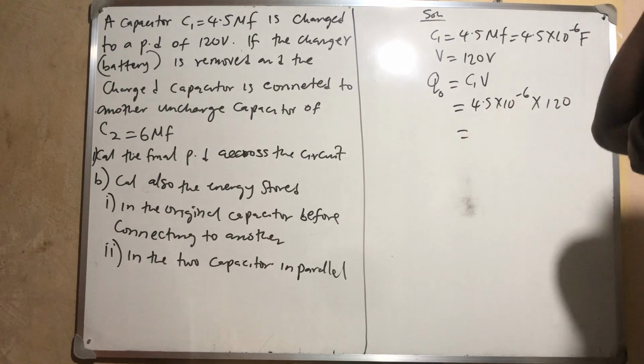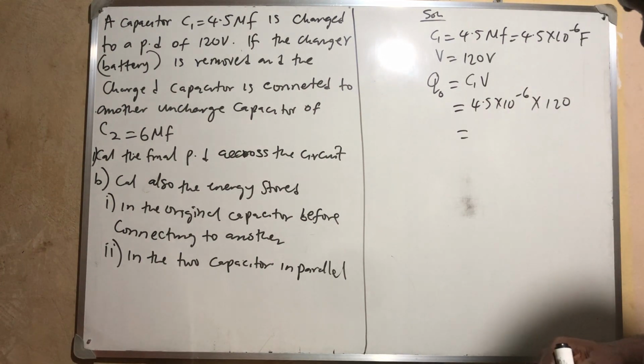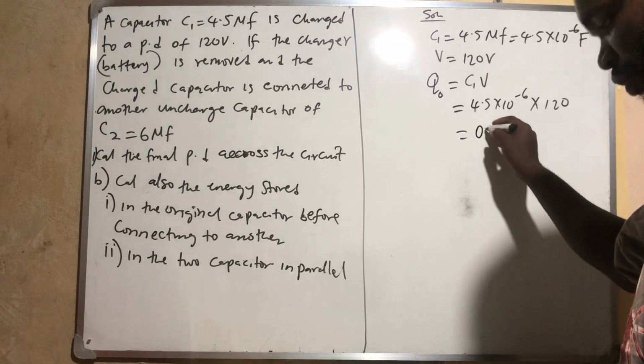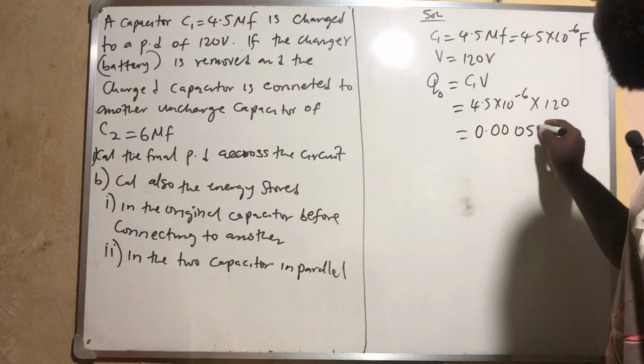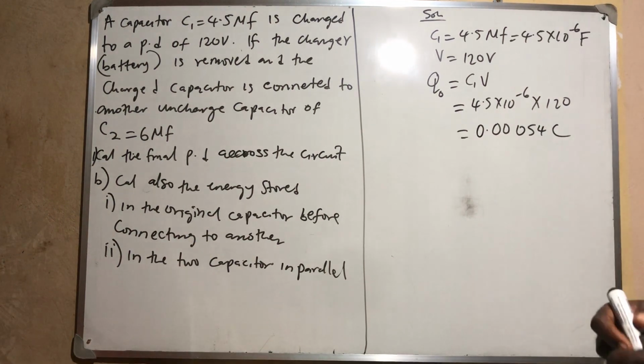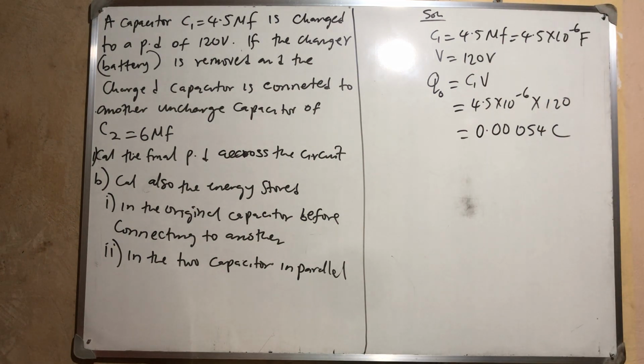If you multiply that, you have 0.00054 coulomb. This is the total charge here, because the other one is not charged.